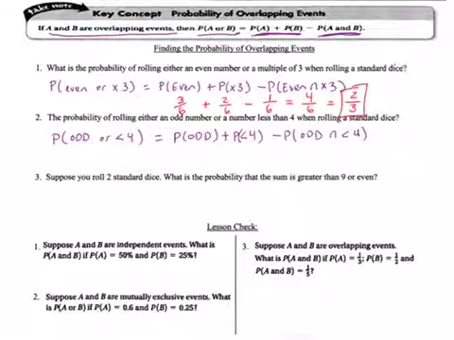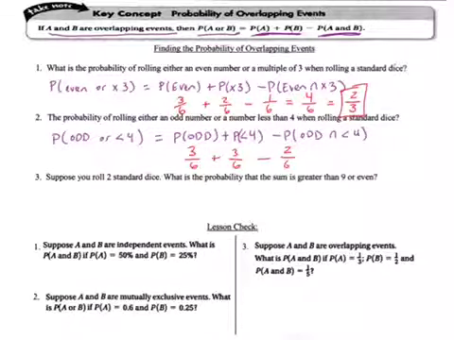So the probability of an odd number on a die, well, that's 3 out of 6: 1, 3, and 5. Probability of a number less than 4, well, 3, 2, and 1, so 3 out of 6. The probability of an odd number that's also less than 4, well, that would be 1 and 3, so that'd be 2 out of 6.